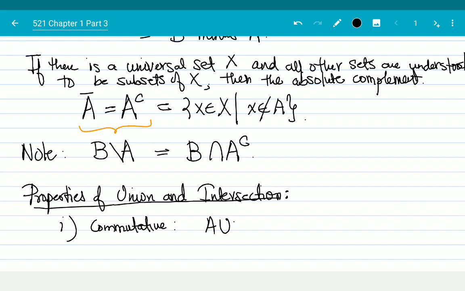So A union B is equal to B union A, and A intersection B is equal to B intersection A.